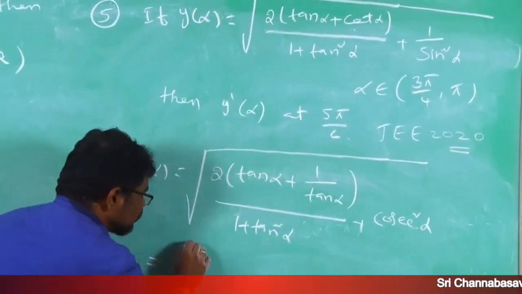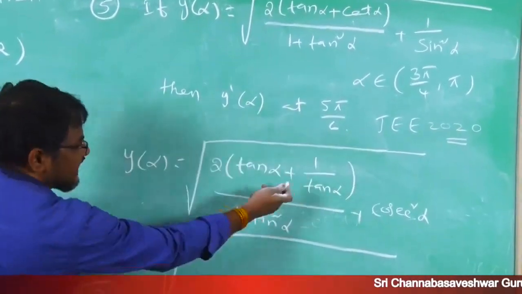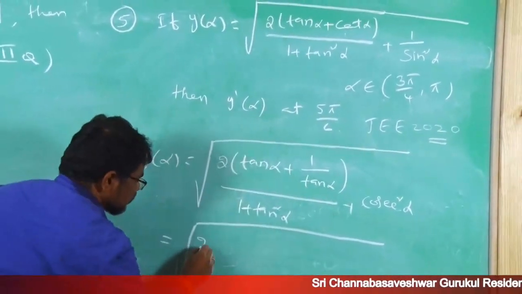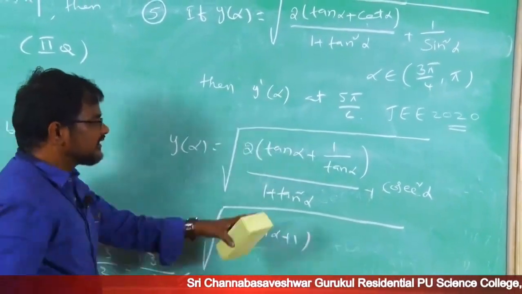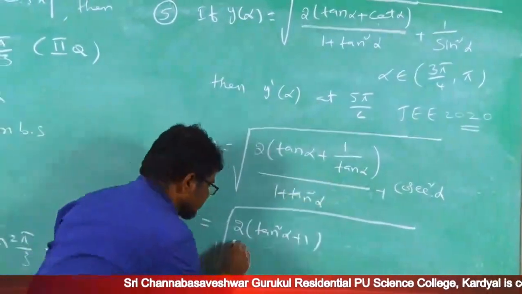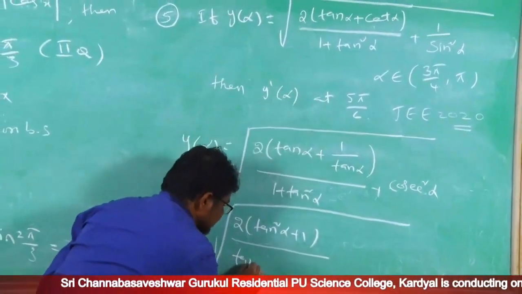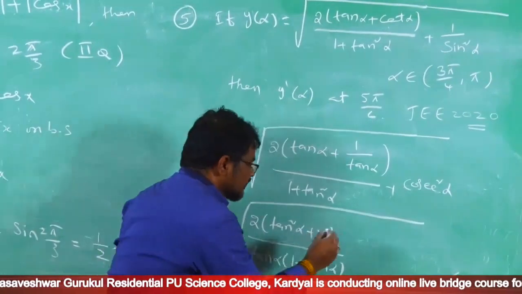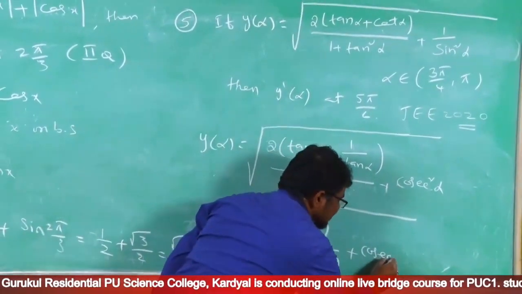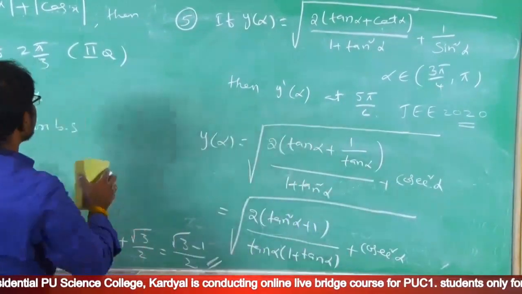That is equal to root of, so take the LCM here, 2 into tan square alpha plus 1 you will get, divided by tan alpha, divided by tan alpha into 1 plus tan square alpha plus cosecant square alpha.